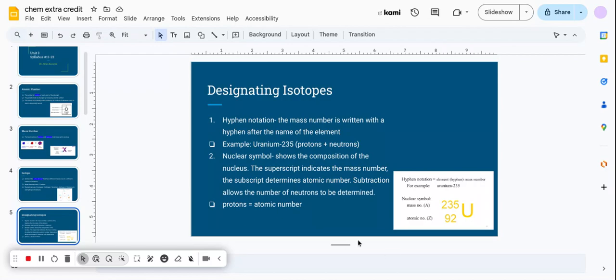So if you look at this picture on the right, for uranium, the hyphen notation is at the top, as I typed in the example, and then the superscript, which is the top left, is shown as the mass number, and then the subscript is the bottom left, and that is the atomic number, also known as the protons.